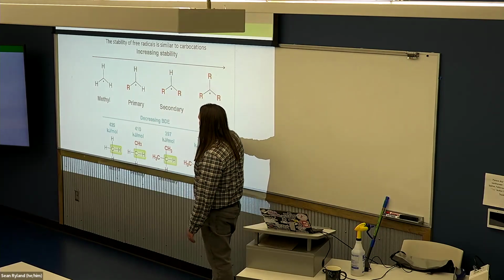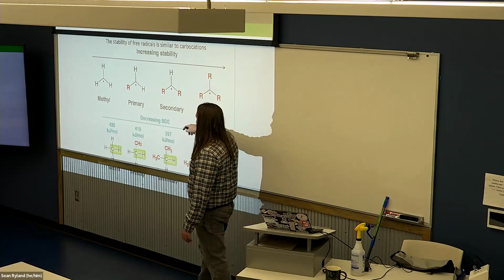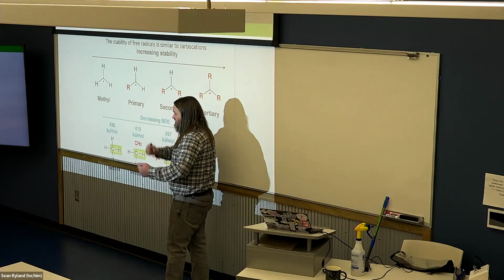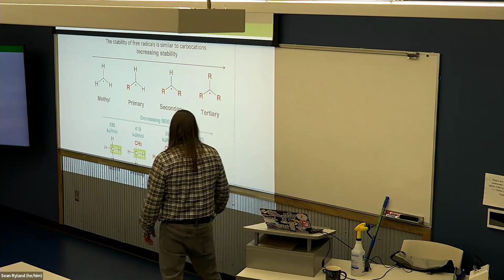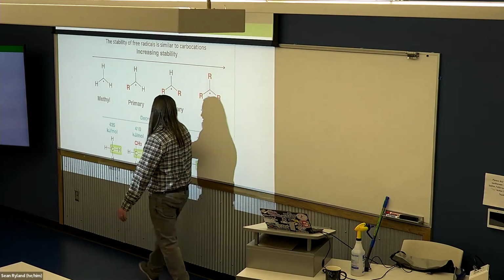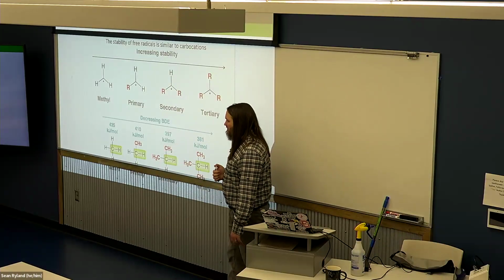So we talked about the decreasing bond dissociation energy, which is exactly what it sounds like. Bond dissociation energy means how much energy does it take to just straight up rip them apart. And you can see just based on these numbers, it gets progressively easier to take off the hydrogen the more substituted it is.